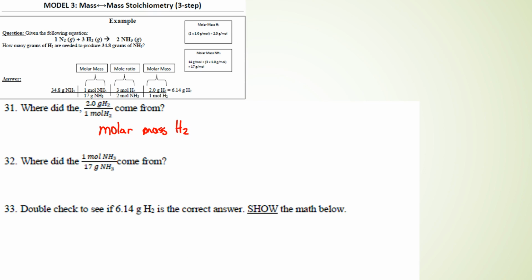Now, if you were doing this on your own, I would recommend that you look at it as 2 decimal places in your molar mass. So 2 times 1.01 would be 2.02 grams per mole, instead of saying 2.0 like they did in the text. All right. Number 32, where it's 1 mole of NH3 to 17 grams of NH3. What is that? That is the molar mass of ammonia.